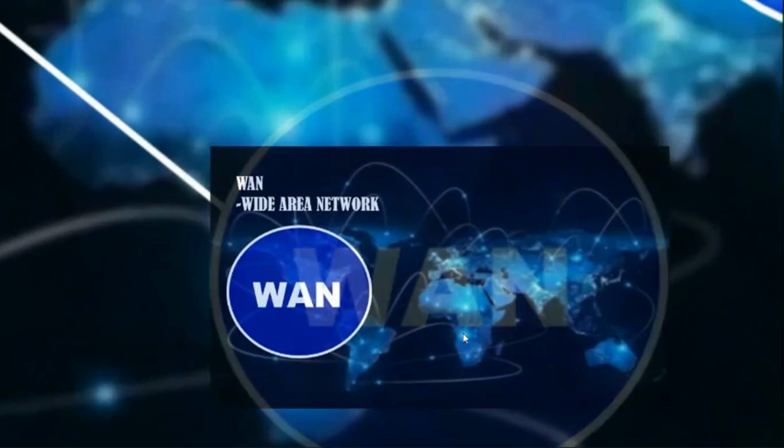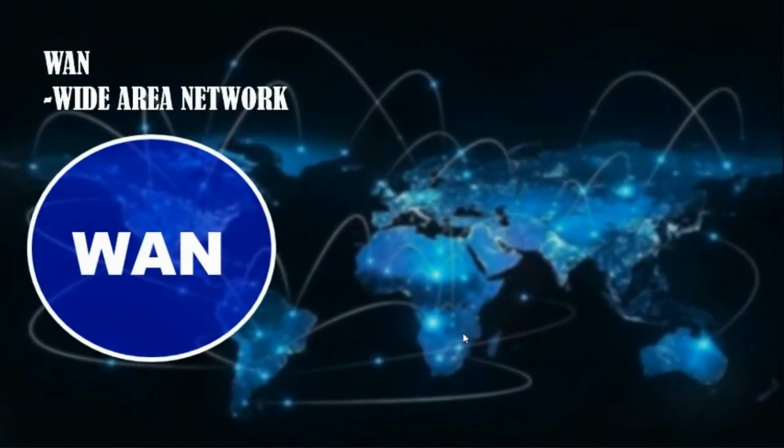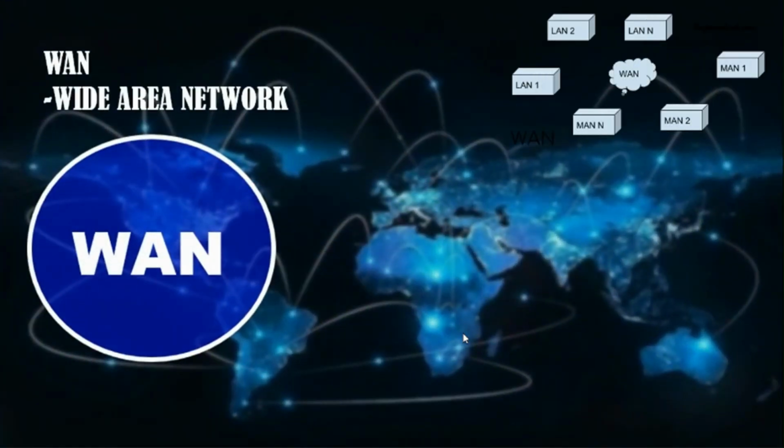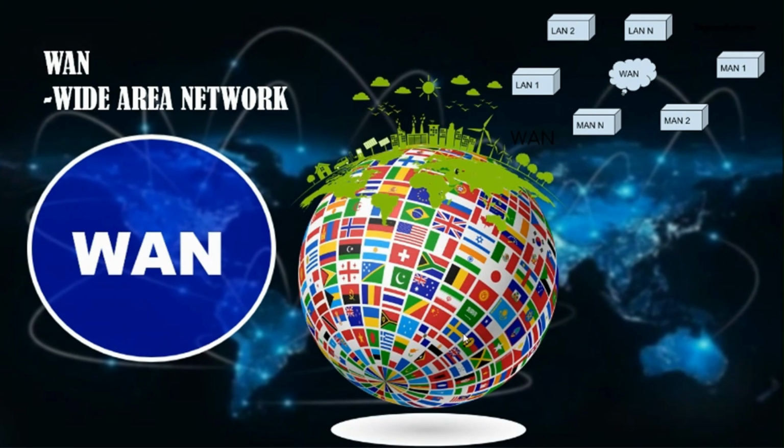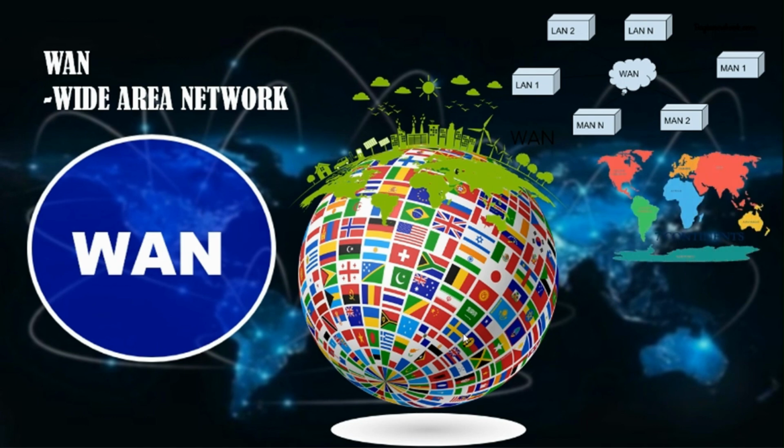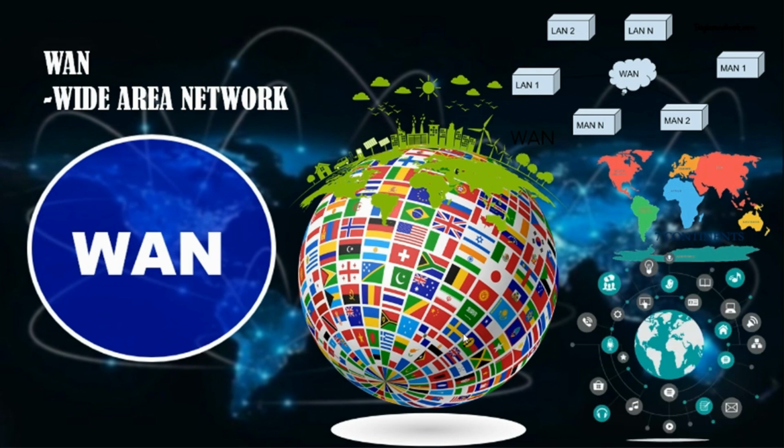Now let's see the WAN network. They are defined as wide area networks, since they are larger computer networks that encompass and interconnect LANs, MANs, and other types of computer networks. To be more specific, they connect regions, countries, or even a continent through fiber links or wireless technologies such as satellites or telephone lines.